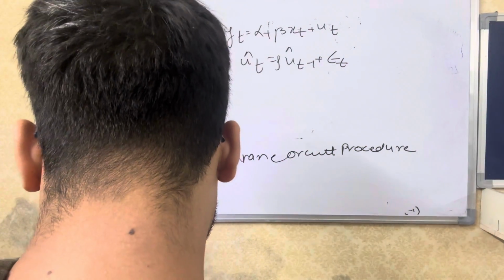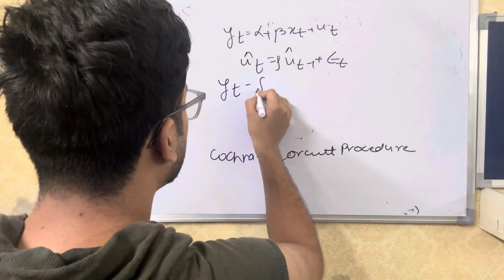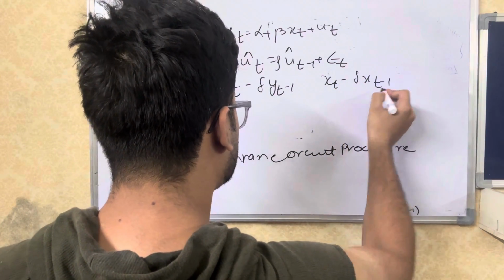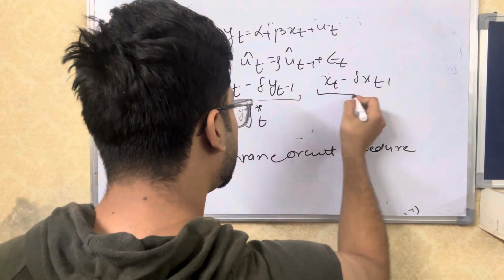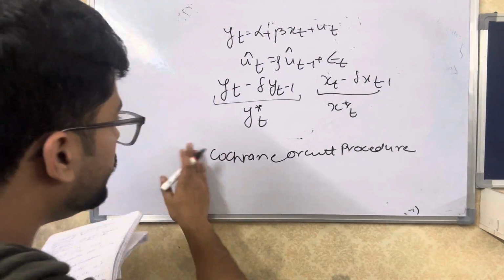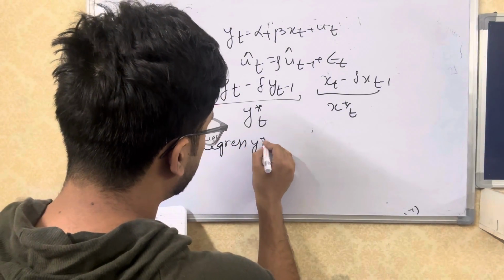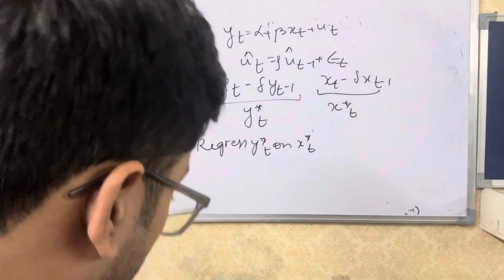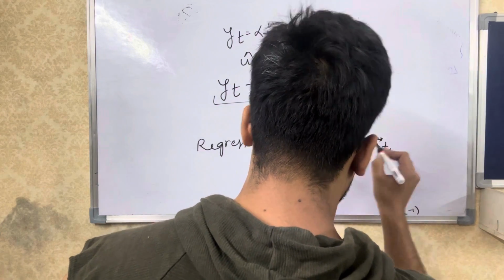So you do the rho differencing. So you find yt minus rho yt minus 1 and xt minus rho xt minus 1. You call this particular thing as y star t, and you call this particular thing as x star t. And what do you do next is regress y star t on x star t, and get u star t.